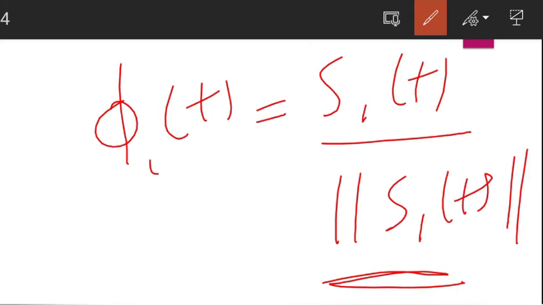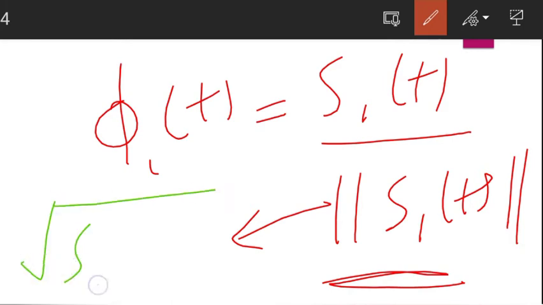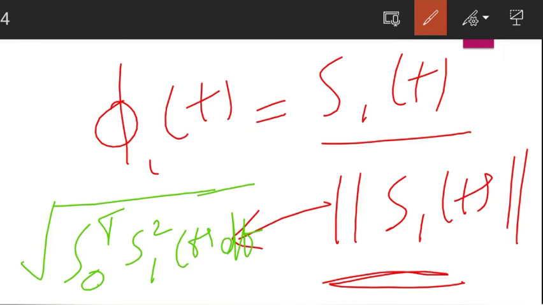What is this norm? The norm is the root of the integral from 0 to T of s1 squared of t dt. That is what norm s1 of t means. This means it is energy.